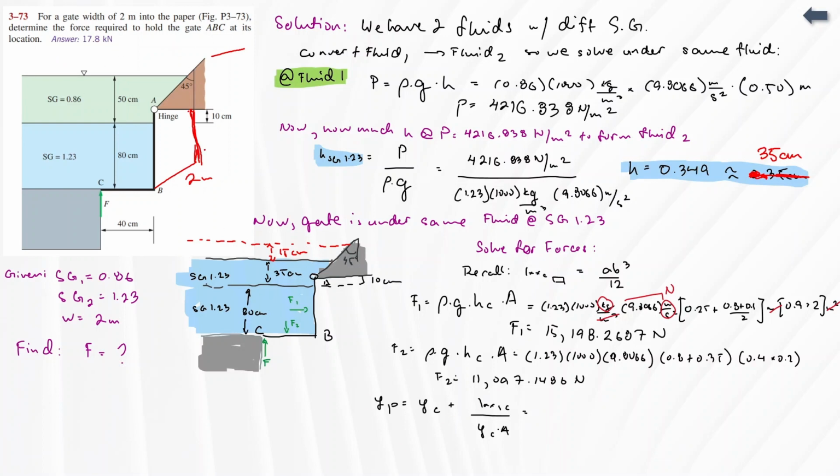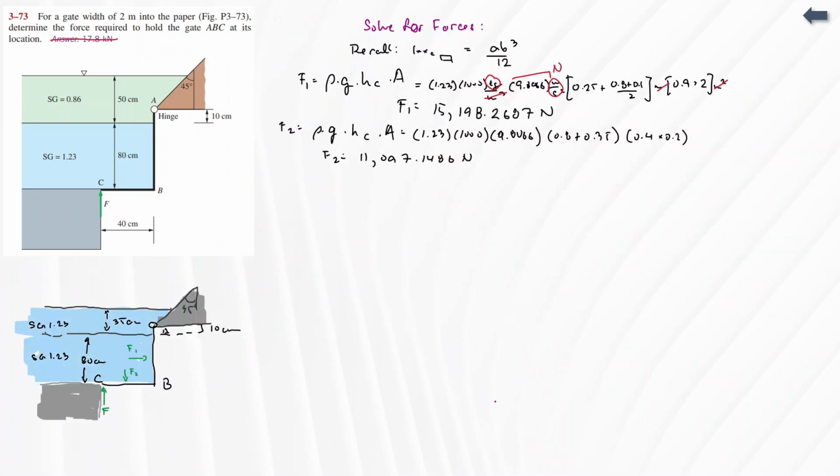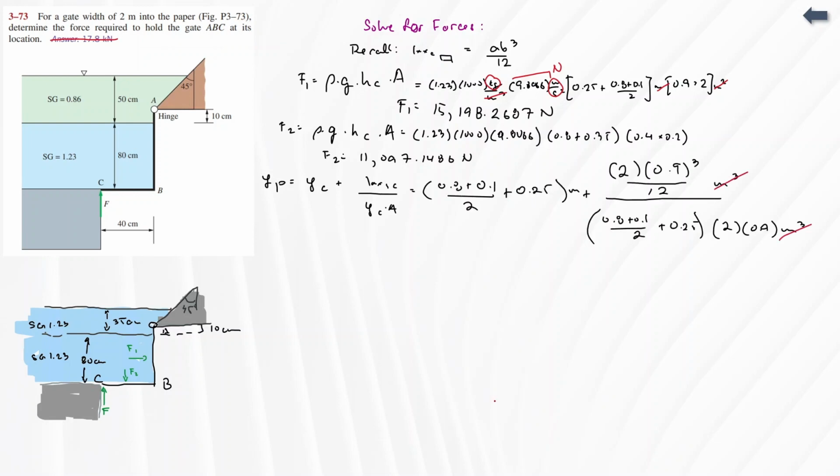And then for the line of action, technically hindi naman siya pinapahanap, but this is something that you will be needing later. YP is equals to YC, since we're not going to be considering atmospheric pressure because both sides are open to atmospheric pressure, so they would cancel out technically on the equation. So YC plus the moment of inertia divided by the product ng YC and area. If you substitute them, ito yung magiging itsura niya. So 0.8 plus 0.1 divided by 2 plus 0.25 plus 2 times 0.9 cubed over 12 divided by 0.8.